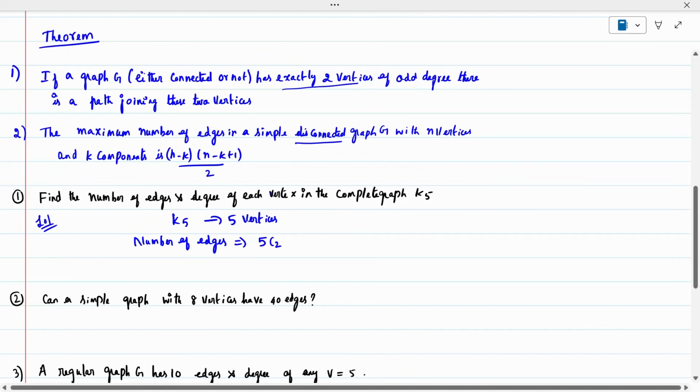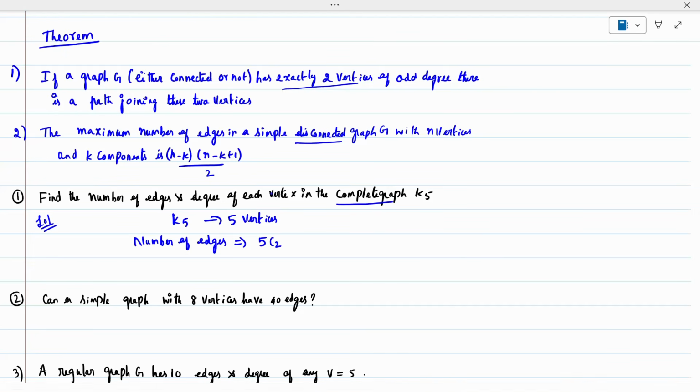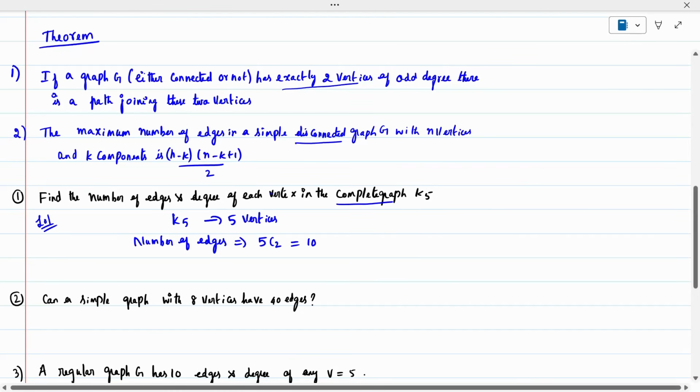It is 5C2 for a complete graph. Refer to my video, then come back and check this, and it will be very clear. 5C2 is 10, so the number of edges is 10, and we need not calculate at all.